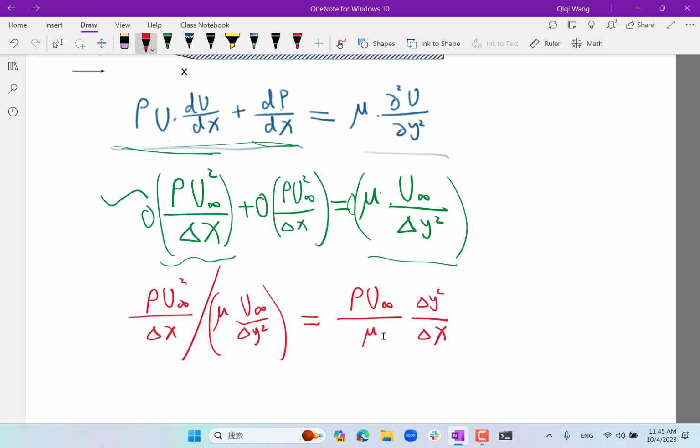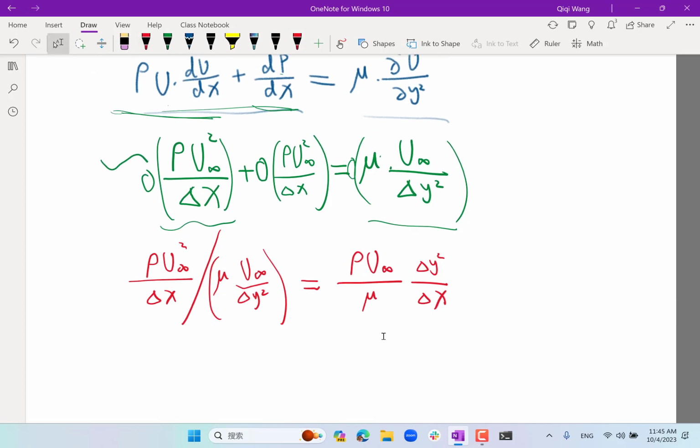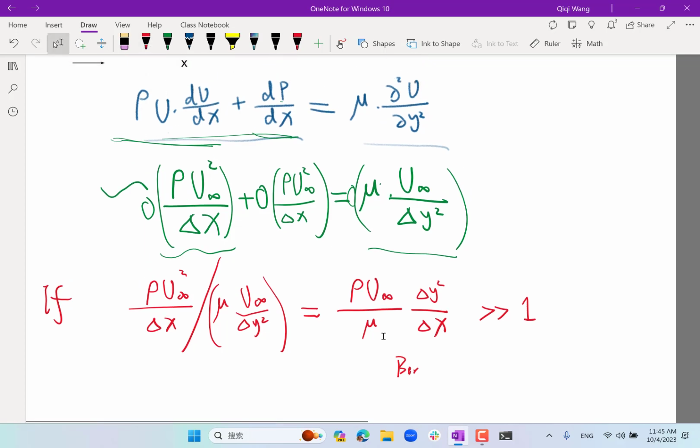All right. Okay. So if this number is much greater than 1, then what I can say is that in this blue equation, the right-hand side is negligible compared to the left-hand side terms.